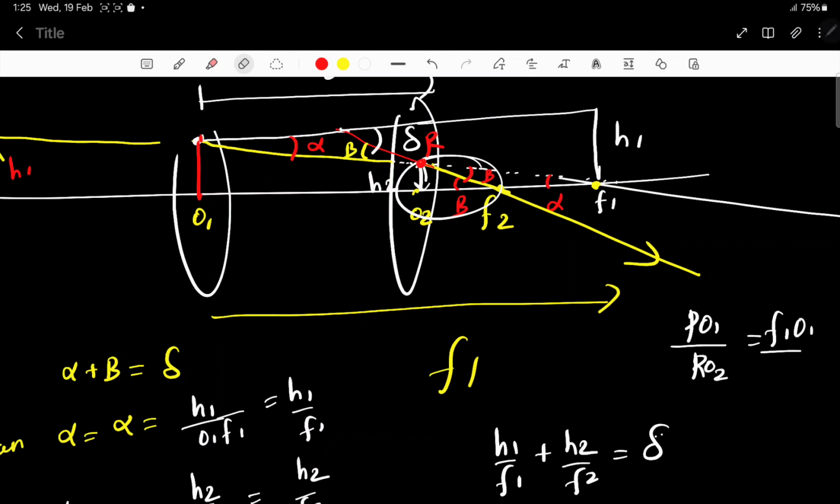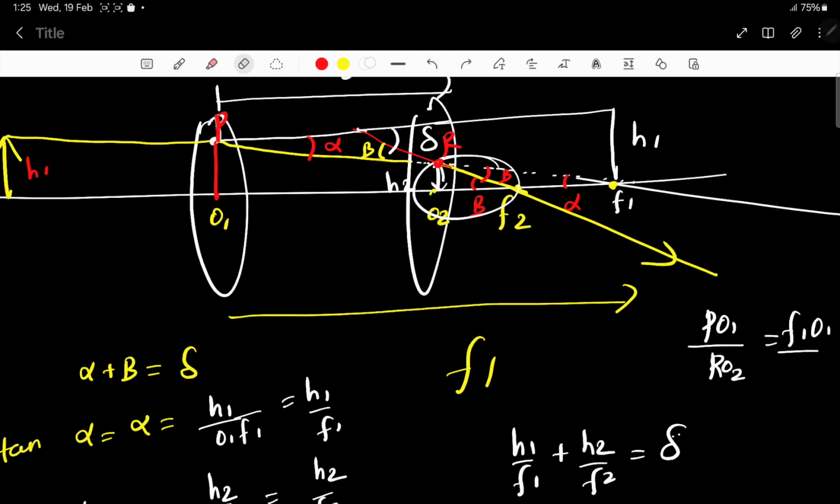Sorry, if you consider the whole triangle like this, you can see very clearly that the ratio PO1 by RO2 should be equal to O1 F1 to O2 F1.